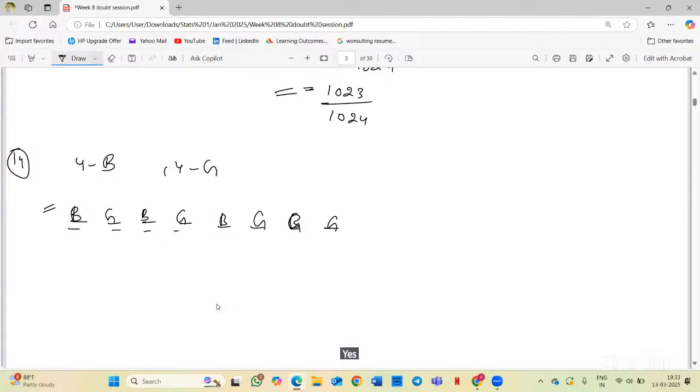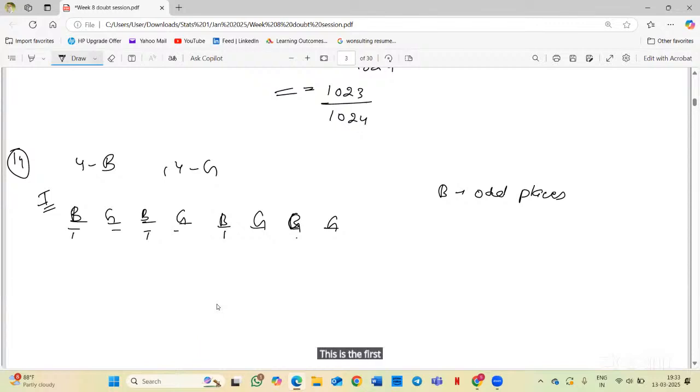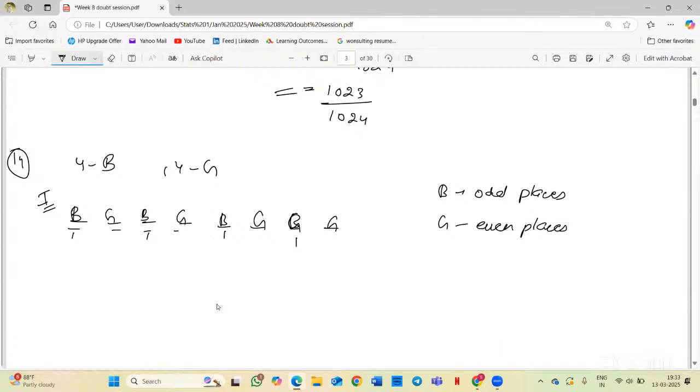So this is the first case, in which the boys are occupying the odd places, the first, third, fifth, seventh, and the girls are occupying the even places, second, fourth, sixth, eighth. Is it fine? Yes, ma'am.